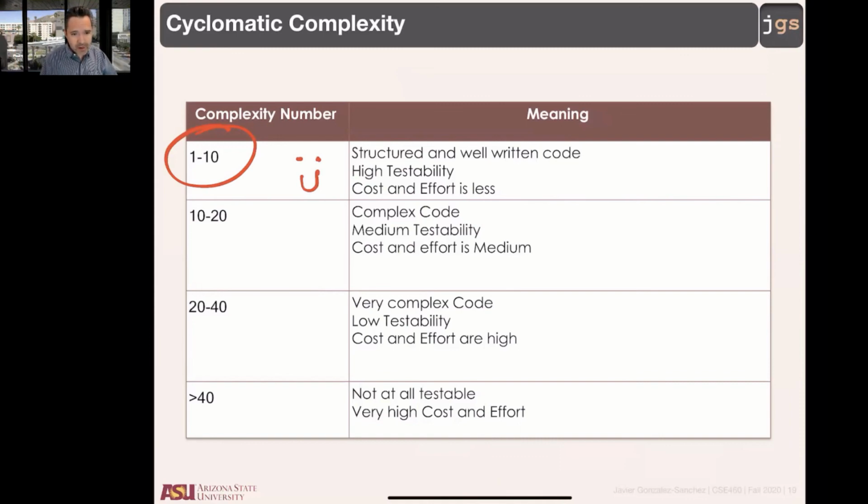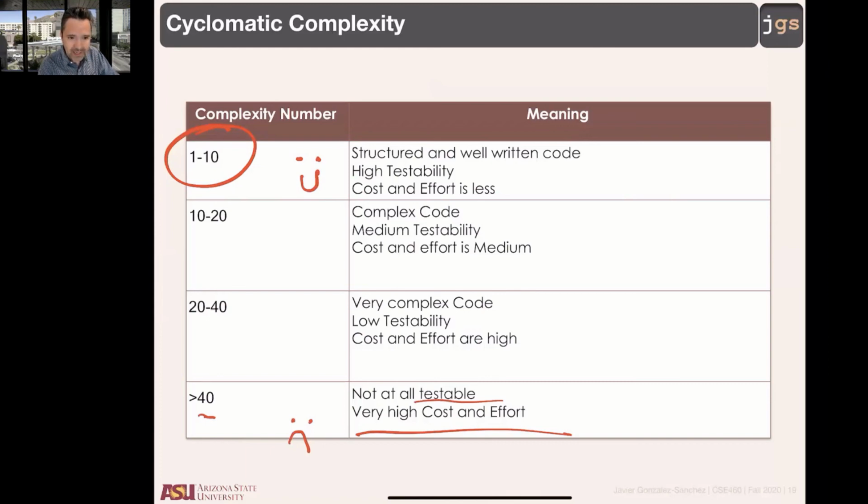If you move forward, when you go above 40, I am talking about 39 conditions, that is a problem. That is a sad face. And it's a sad face because, again, it's complex. Why do we think that it's complex? Think about the unit testing.